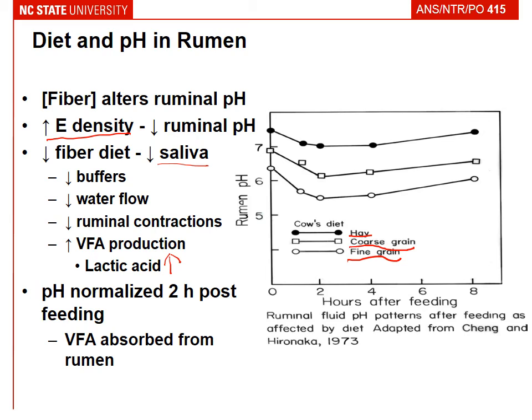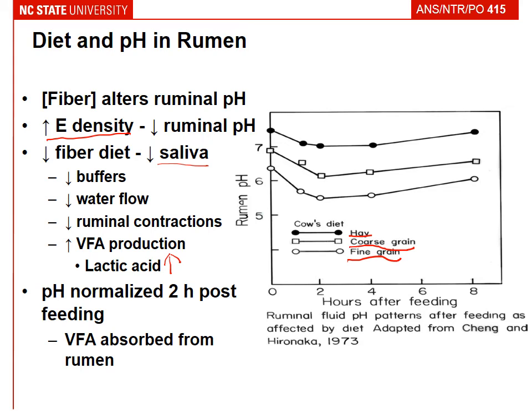So if we have less saliva, we end up having fewer buffers. We end up having less water flow because we've decreased the amount of saliva, and that serous saliva is mainly water. And that ends up resulting in less ruminal contractions. We have less ruminating that is occurring. So they also don't have to chew the cud or regurgitate and chew and have more saliva produced. And then that ends up altering the VFA production, where we get a significant amount of lactic acid produced.